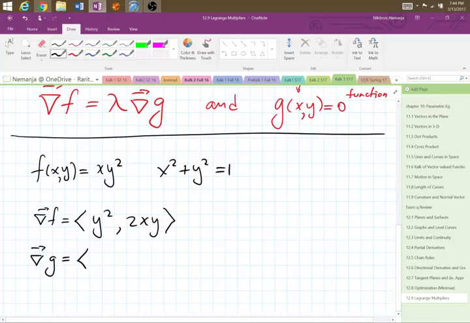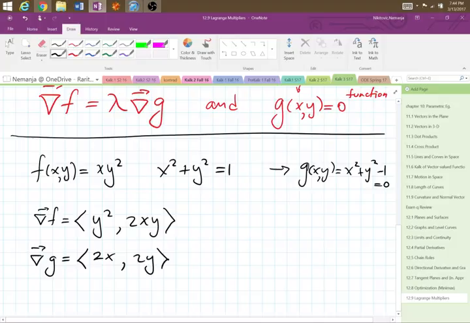First we have to get what's g of xy. It's x squared plus y squared minus 1, equal to 0. So partial derivative of x, 2x, partial derivative of y, 2y.